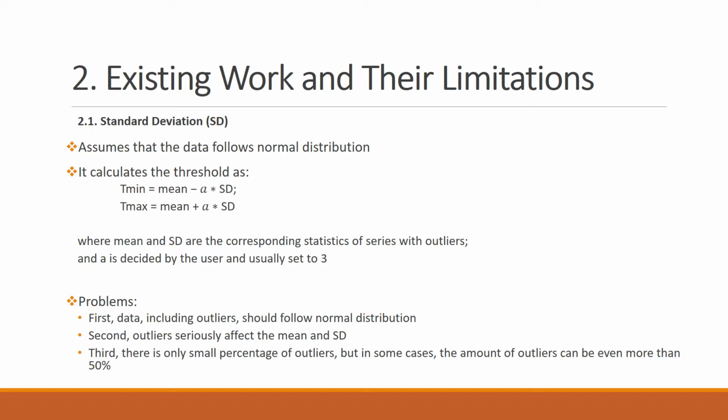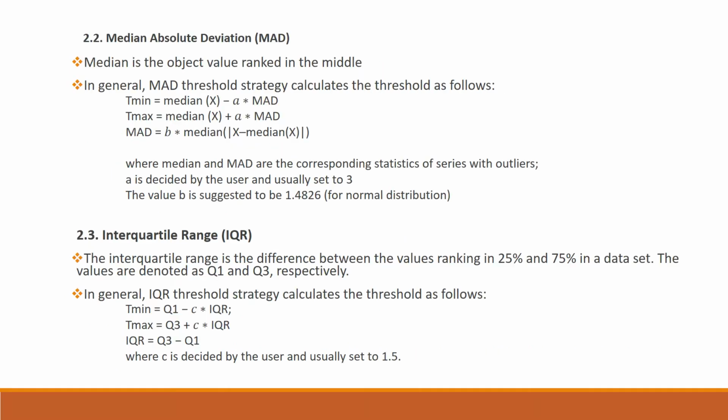First, data including outliers should follow a normal distribution. Second, outliers seriously affect the mean and standard deviation. Third, there is only a small percentage of outliers assumed, but in some cases, the amount of outliers can even be more than 50%. What it means to say is that this method takes a very small percentage as outliers. However, sometimes more than 50% of our data may be outliers.